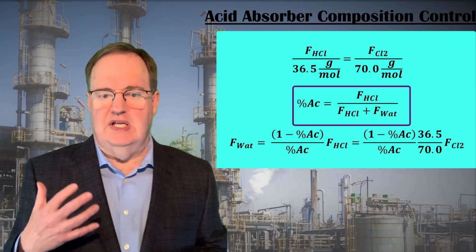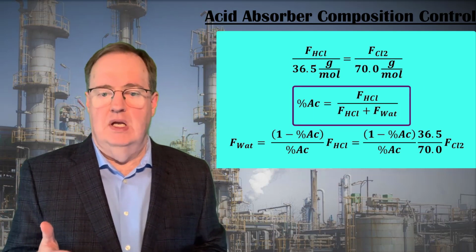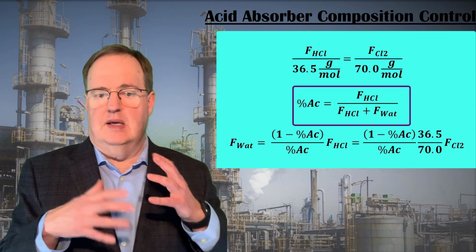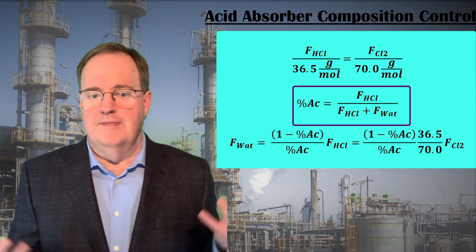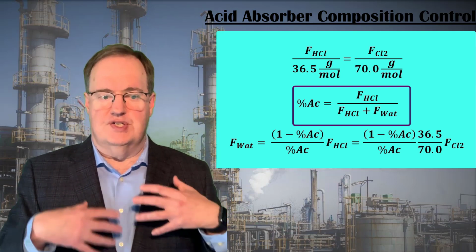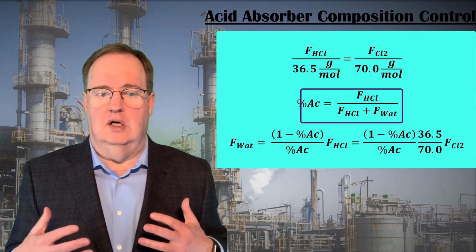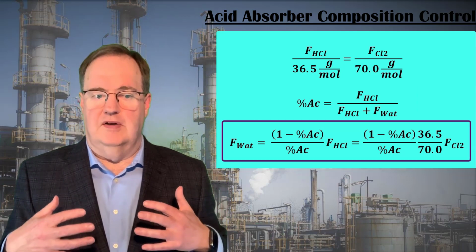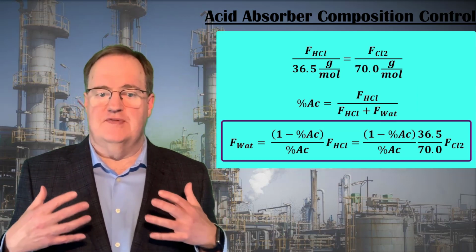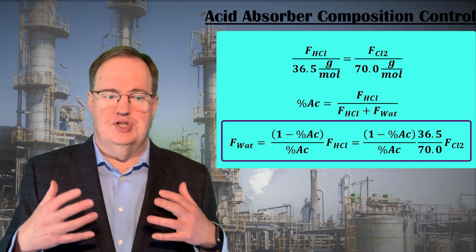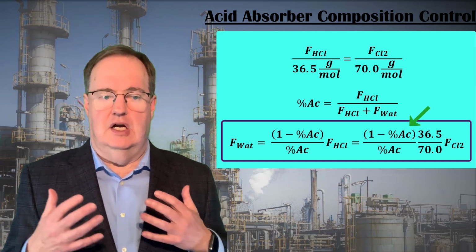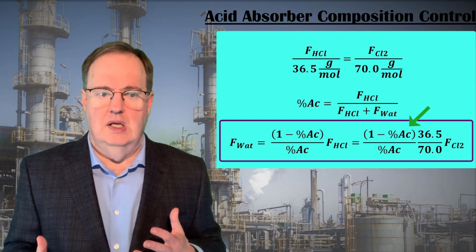And the strength of the acid, percent AC, coming out of the acid absorber will be defined as stated here. Combining these two equations and solving for the mass flow of water, we can find that as a function of the mass flow of charged chlorine. So we get this formula, which is a function of the desired acid strength.